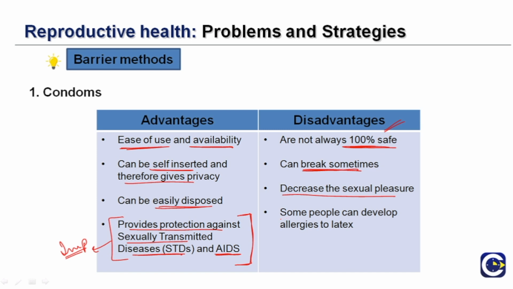And in a very small percentage of people, there can be development of allergies to the latex or rubber with which the condoms are made. Especially in cases where people develop allergies to latex due to the use of condoms, they should try to use either anti-allergics or change the contraceptive method.